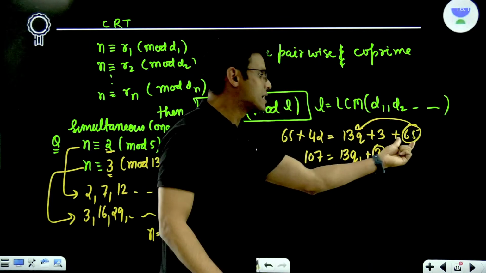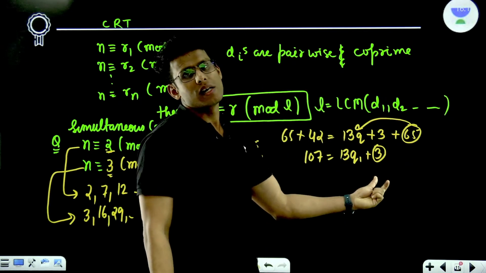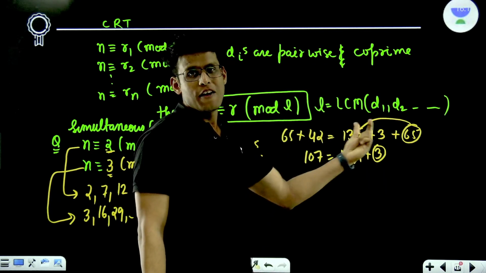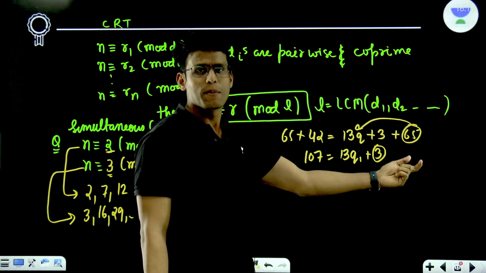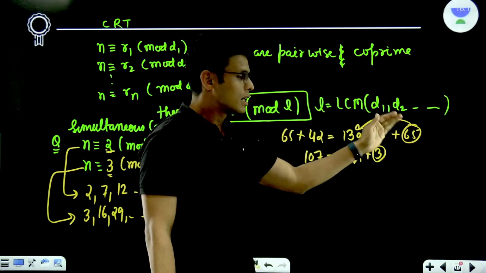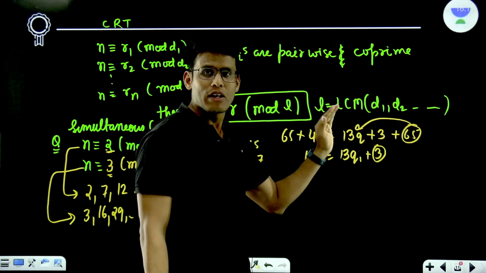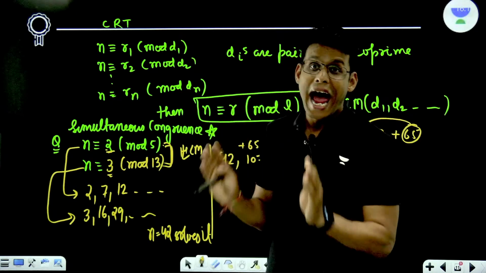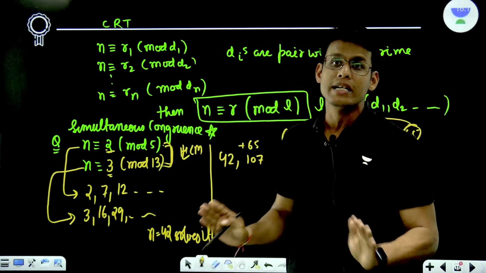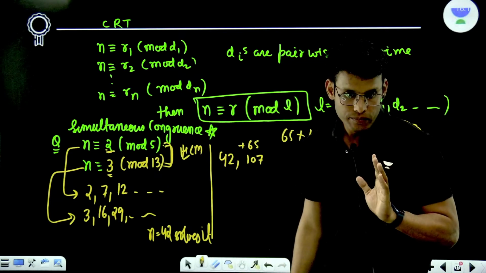If I'm adding a multiple of 13, my remainder will remain intact mod 13. Since 65 is also a multiple of 5, the remainder mod 5 will also remain intact. So these remainders will remain intact if I add the LCM or any multiple of the LCM.